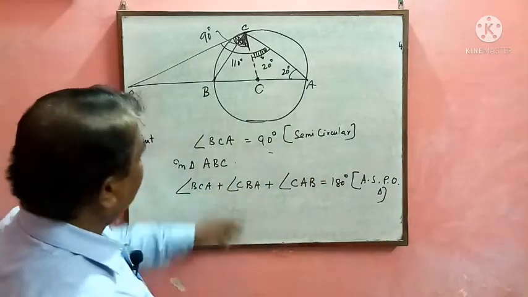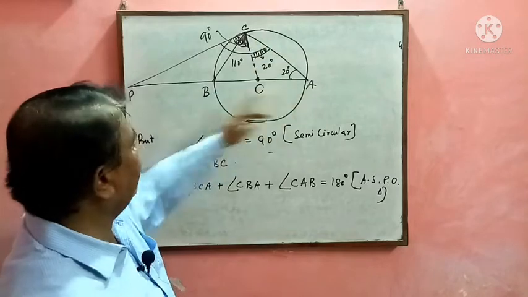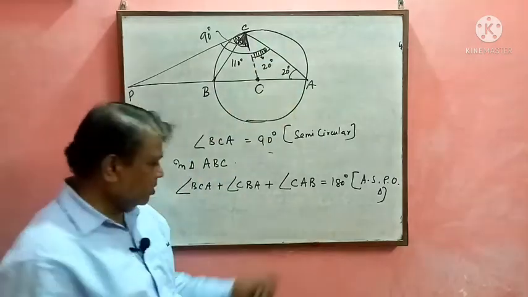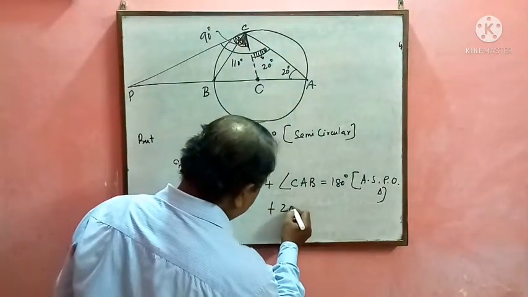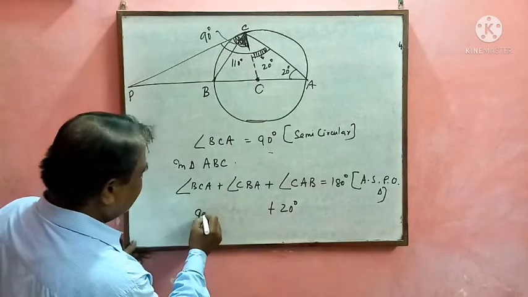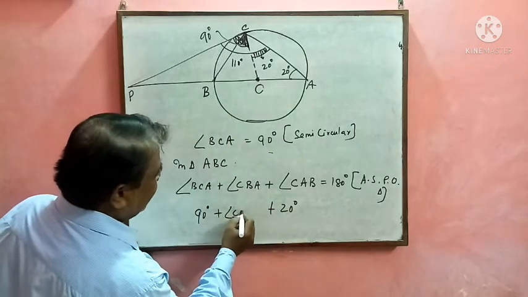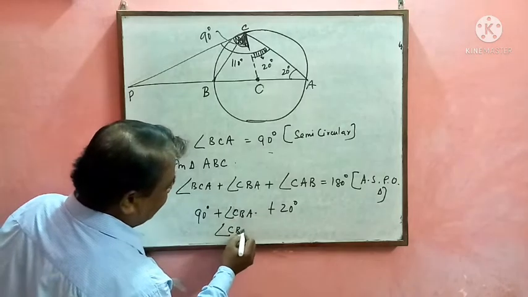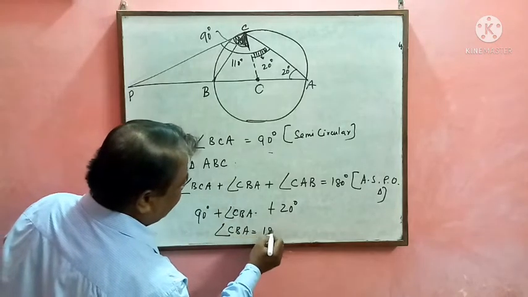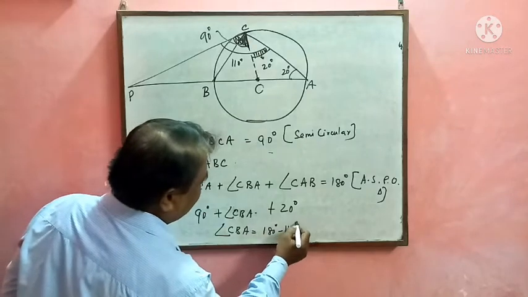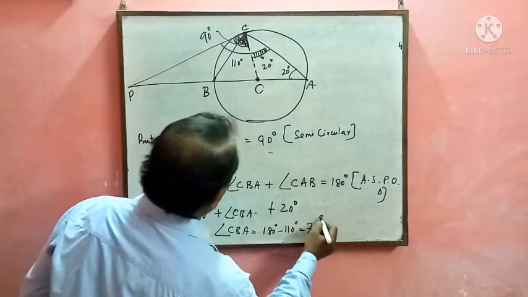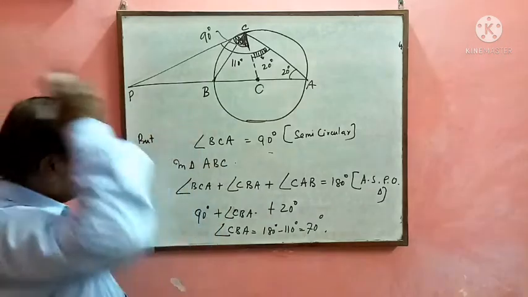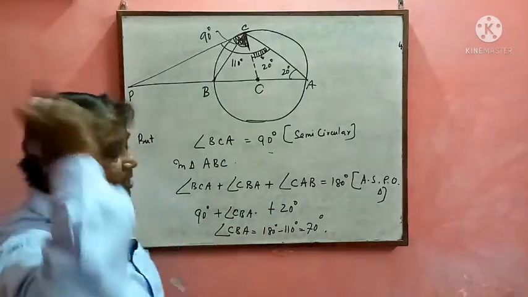Because CAO and CAB are both the same angle, this is also 20 degree. This is 90 degree plus this is CBA. What you have to find out is angle CBA, which is equal to 180 minus 110. This is 70. So this angle is 70.